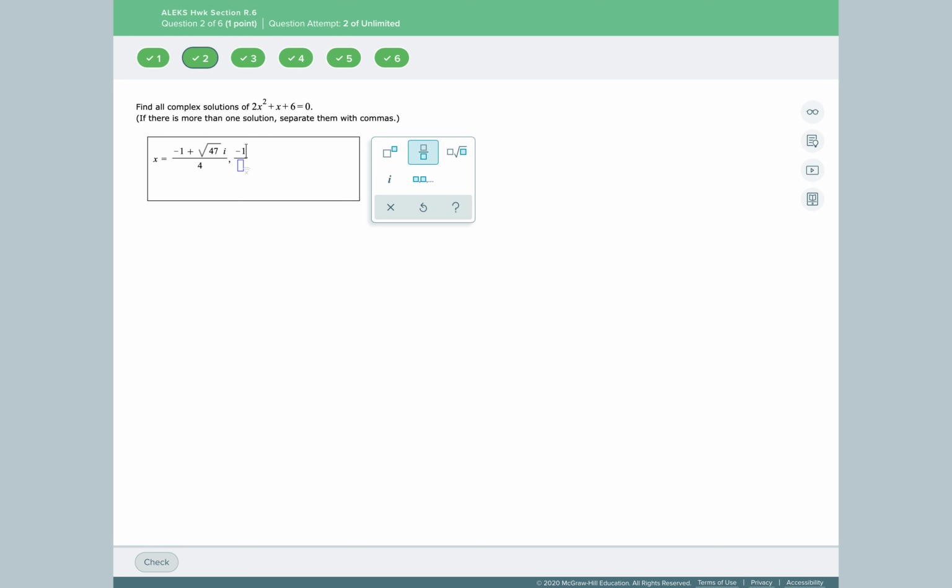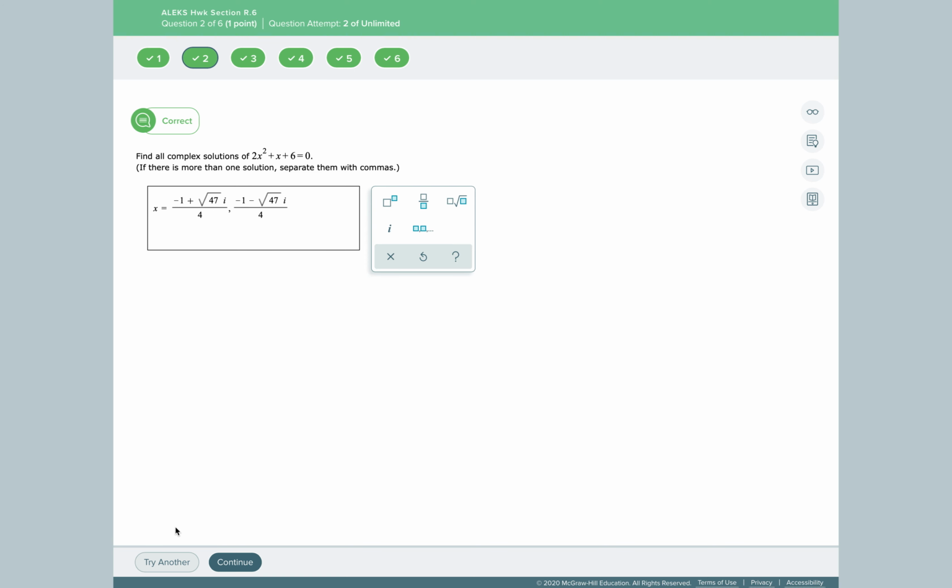And we have negative 1 minus the square root of 47 times i, and you can put the i in front of the square root of 47, all over 4. And checking the result, it is correct.